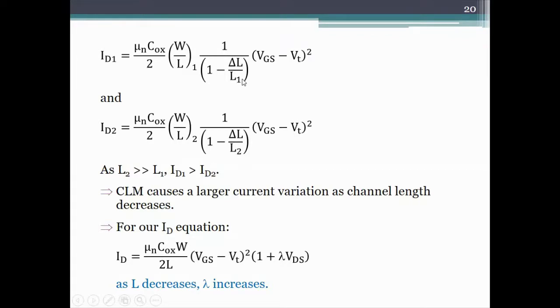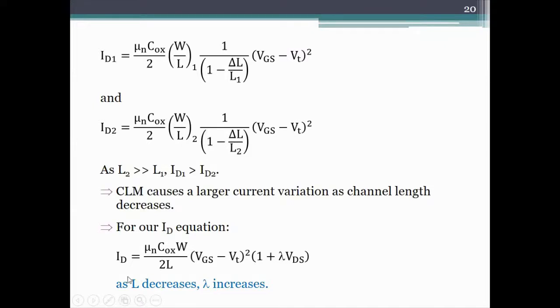This is the reason why short channel MOSFETs experience a larger variation in the saturation region compared to long channel MOSFETs. All right. In other words, if we were to convert this to this, then this lambda basically becomes a function of L. So if L is large, lambda will be small. If L is small, lambda is large, or as L decreases, lambda increases, causing more variation of the drain current in saturation.